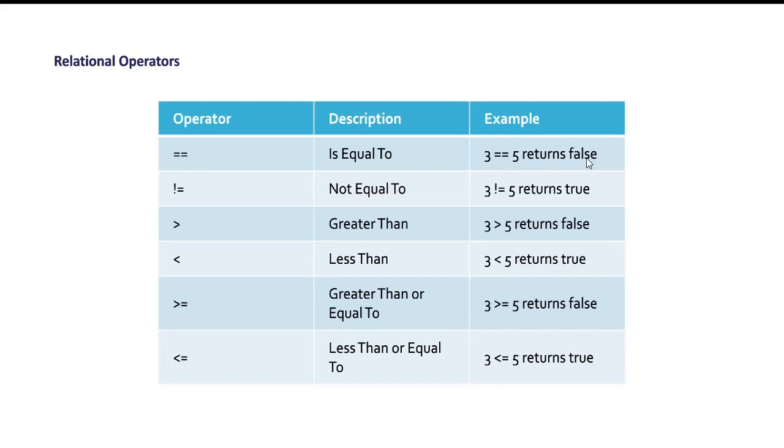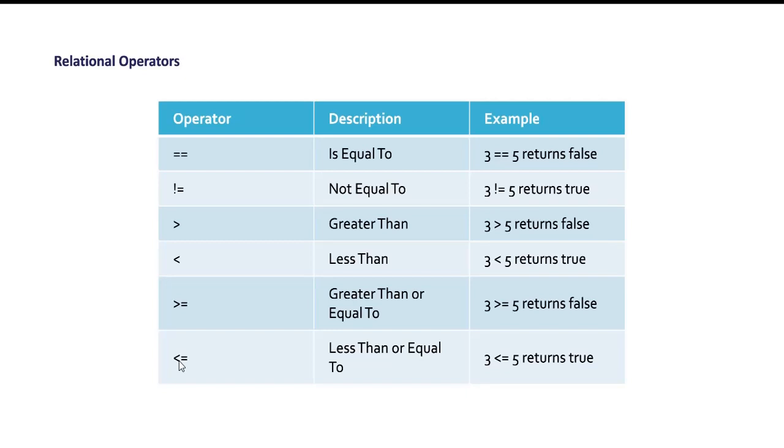And the resultant, whatever we get, will be either a true or false value. If this condition is satisfied, then it prints true, otherwise it prints false. So this is how double equal to, not equal to, greater than, less than, greater than or equal to, lesser than or equal to work.